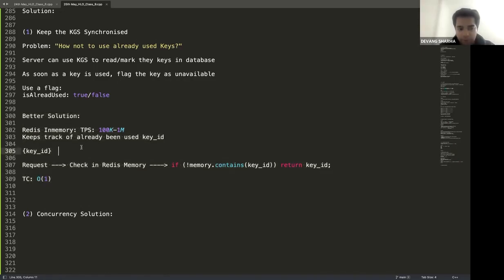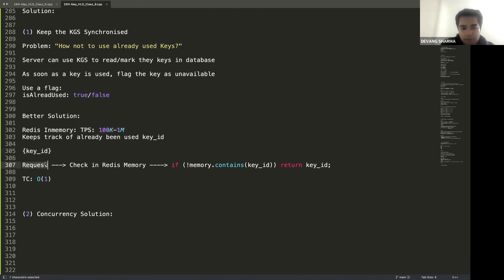The approach, repeating again: I'm going to keep a simple Redis in memory. That Redis in memory is scalable enough to 1 million TPS, so I'm not worried about it, and this anyway is a very small scale. What it's going to do is, any key ID which has already been used or any key ID which is generated as part of a response, before you give the response, you also put it in the Redis memory.